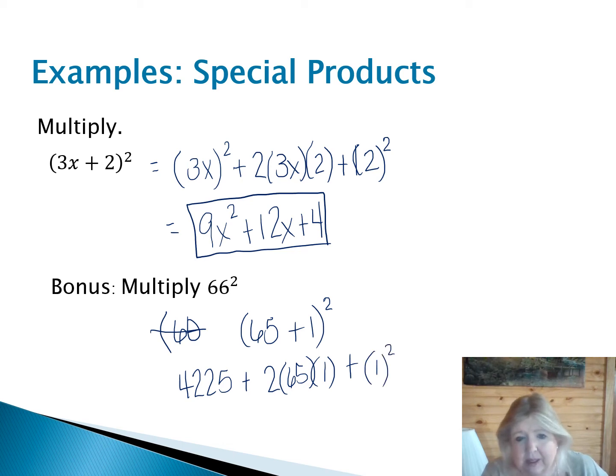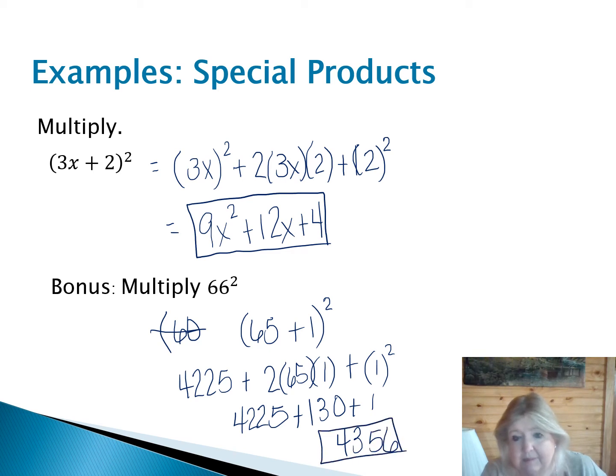So that's 4,225 plus 2 times 65, that's 130, plus 1. So 4,225 plus 130 would be 4,355, plus 1 would be 4,356. Kind of cool.